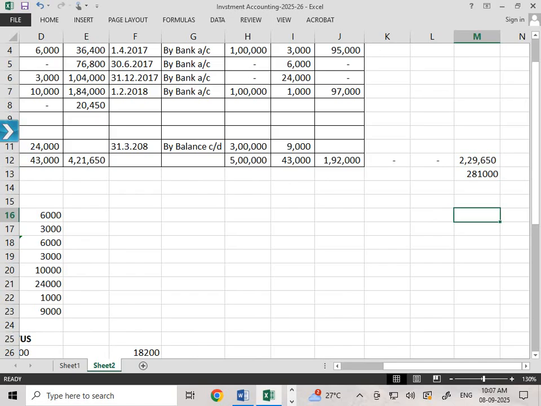Which one is lower? 2,29,650 is the lower. So we will keep that 2,29,650 as it is over here. If market value is lower than the cost, then we have to write here market value, and the difference we have to record as a loss.